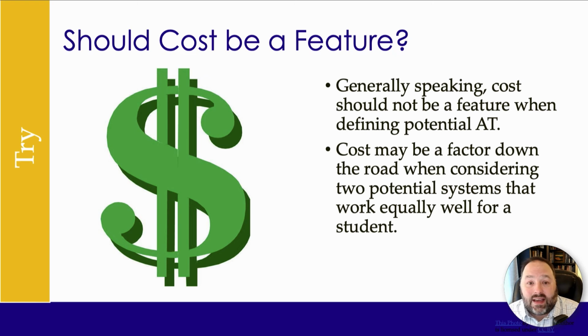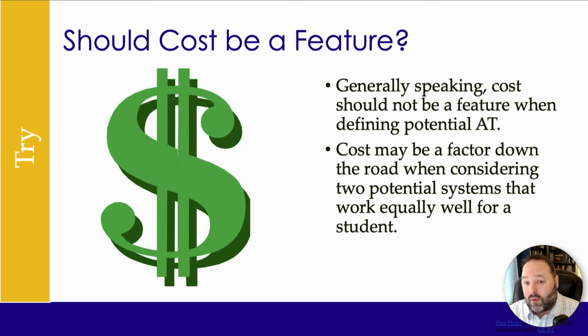One of the questions that comes up quite frequently is, should cost be a feature? At this stage of the game, generally speaking, cost should not be a feature when defining potential assistive technology. Student need is the overriding piece that defines the features related to potential assistive technology.